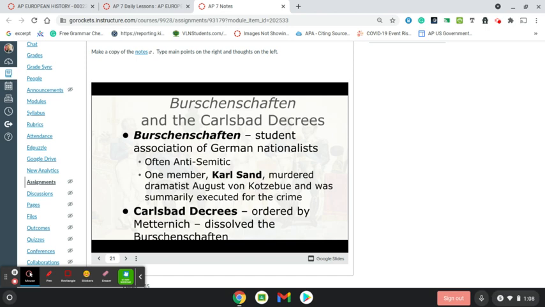However, there was a push, especially among German nationalists, for greater reform. And so there were student organizations that were often formed in order to push a nationalist agenda. Surprise, surprise, many times they were often anti-Semitic.